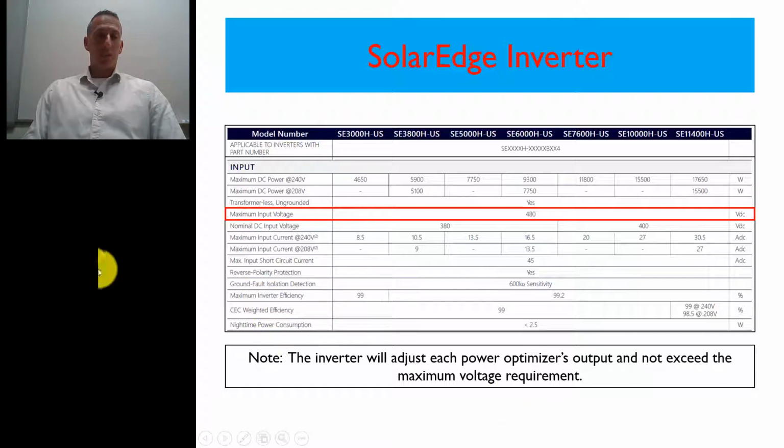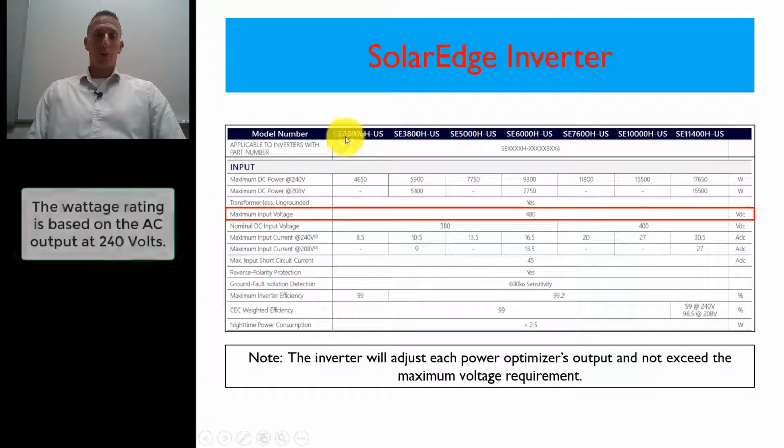If you take a look at this image right here, these are, as I mentioned earlier, the HD Wave inverters. It goes from an SE3000, roughly a 3,000 watt rated inverter, all the way up to 11,400. That's roughly the rating of the inverter itself, typically on the AC side.